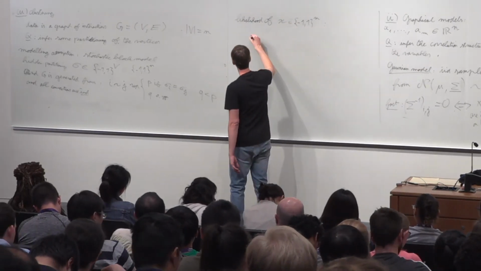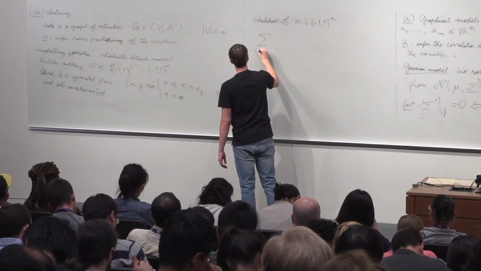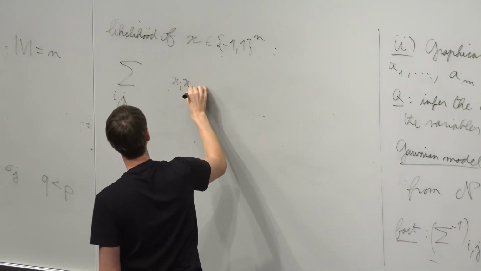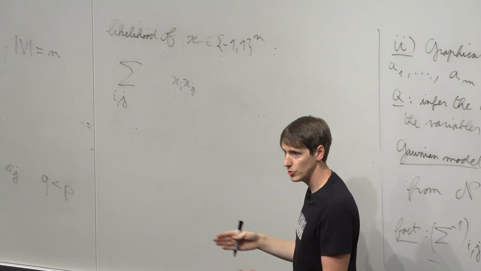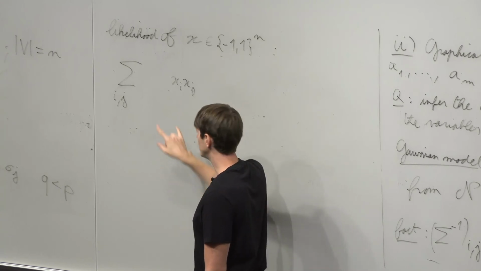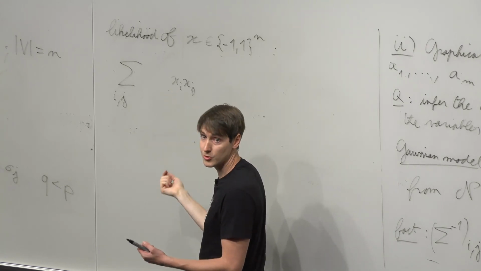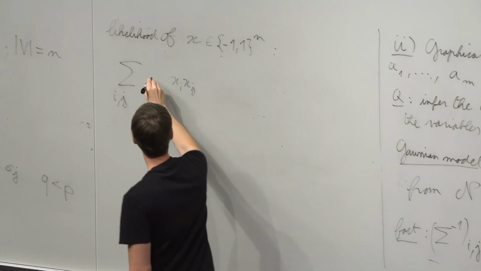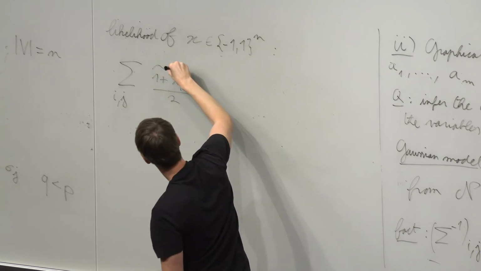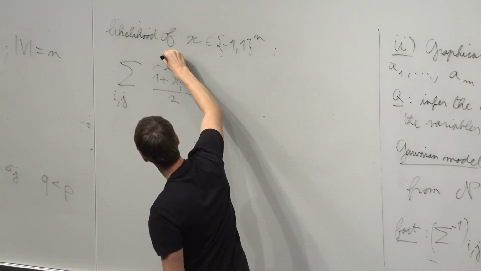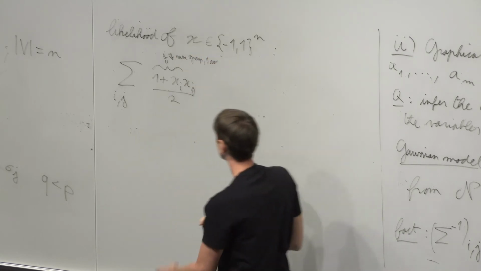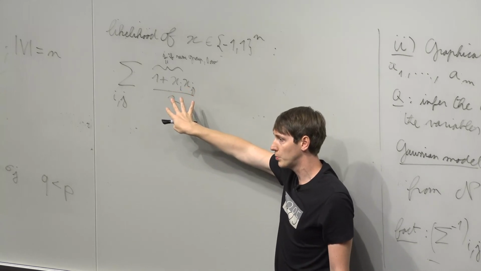Let me sum over all pairs of vertices. What do I get? If I look at x_i times x_j, just like before for binary classification, you look at the product to get the sign. If x_i and x_j are assigned the same group, then this is a +1. If they are assigned different groups, then it's a -1. So (1 + x_i x_j)/2 is 1 if same group, and 0 otherwise. This is my indicator of being in the same group or not.